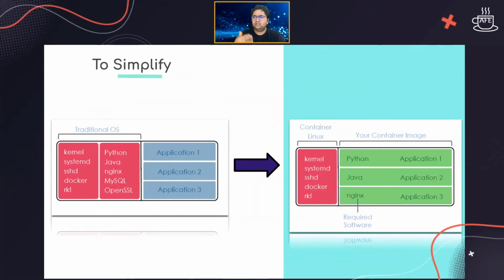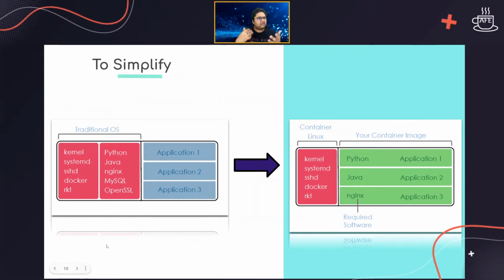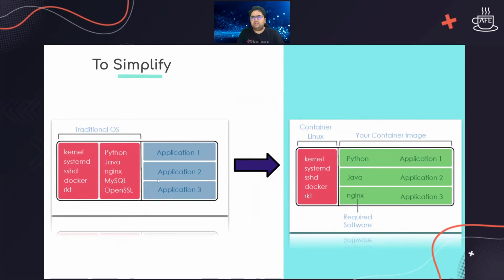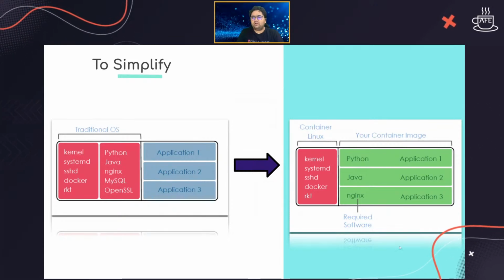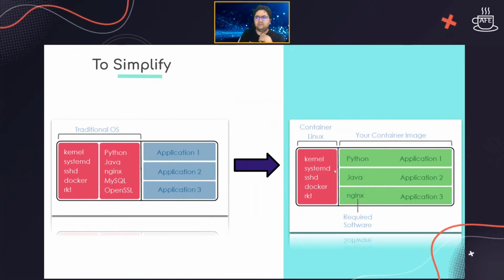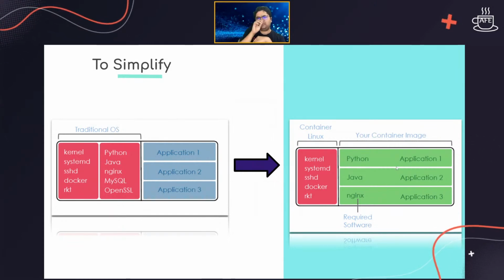All right. Now, this is typically a general example of how it works for a Python application or a standard web application, let's say. In a traditional OS, you have application 1, 2, and 3. However, in a container ecosystem, you have a base Linux container, which we'll look at. And then each of them can be individual container images for different applications.